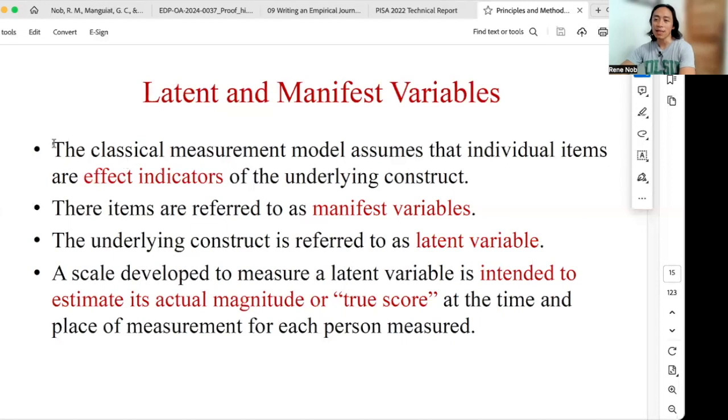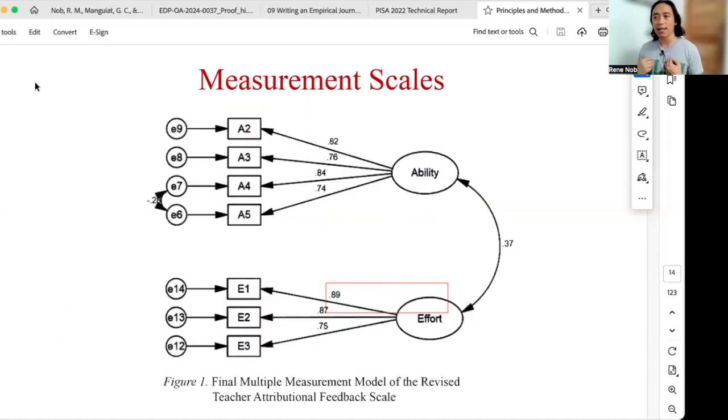So theoretically, within us is a true score. If you're measuring self-efficacy, the idea is that within me, there is a true level of, let's say, academic self-efficacy. If you're measuring perceived ability, attributional feedback, within the individual, there is a true score level of that construct.